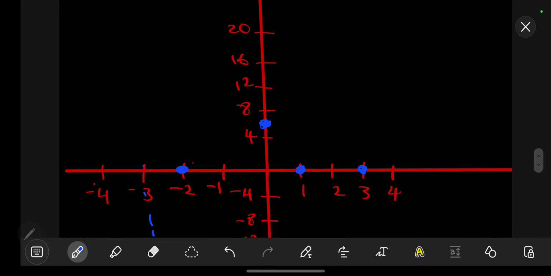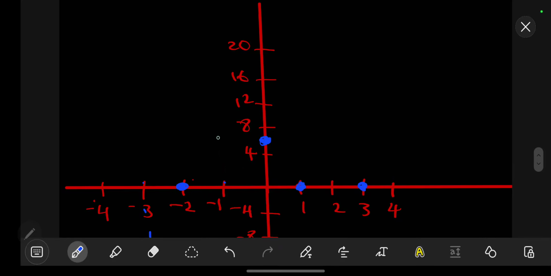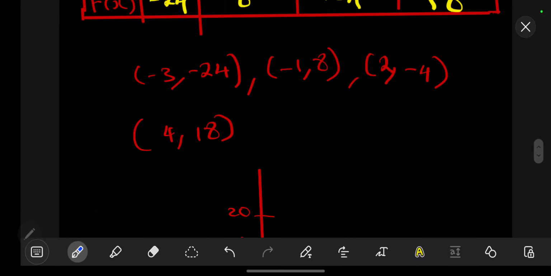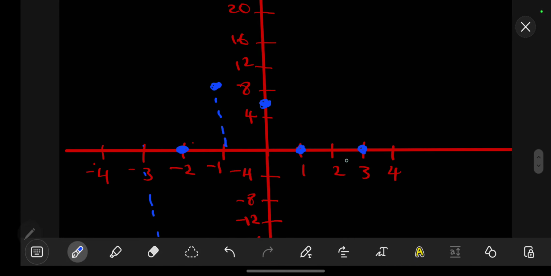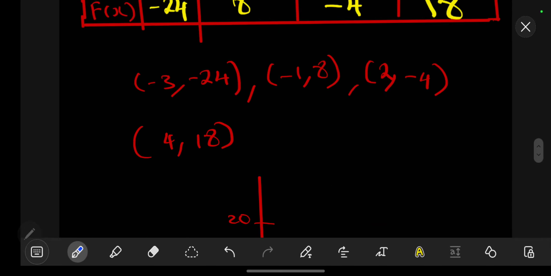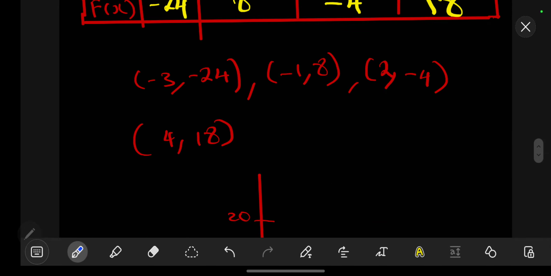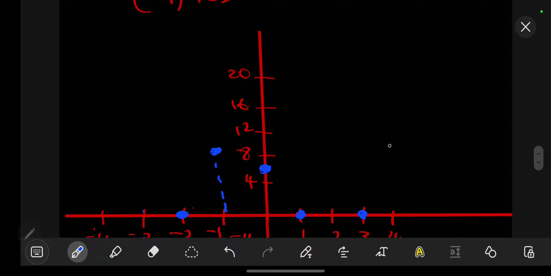So we go at negative 1, and it is corresponding with our positive 8. Then we look at our 2 corresponding with negative 4. So we go to 2, and it is corresponding with our negative 4. So it is here. Then finally, our 4 is corresponding with 18. So we go to 4, go to 18 there. So we are going to have something like this.